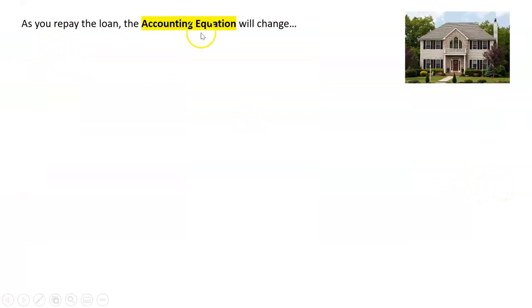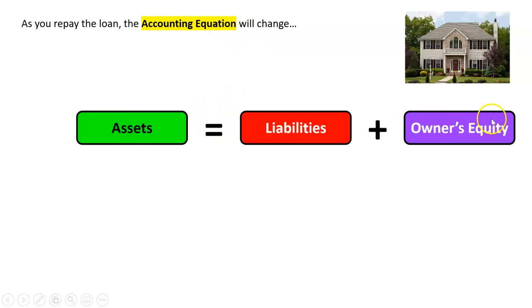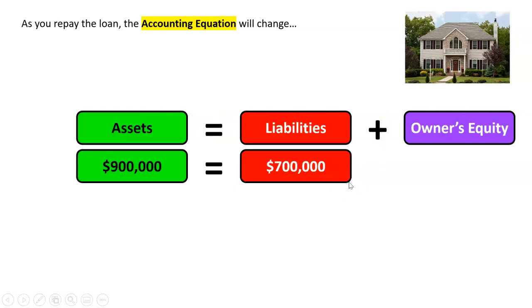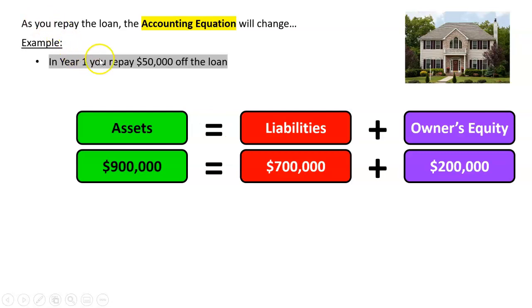And then, just like in business, over time the accounting equation will change, and it must always balance when it does change. So let's have a look. Here's what we've got. Assets, liabilities, owner's equity. You've got a $900,000 house, $700,000 debt, $200,000 of owner's equity. And then let's say in year one, you repay $50,000 off that loan. And let's assume the value of the property doesn't change.